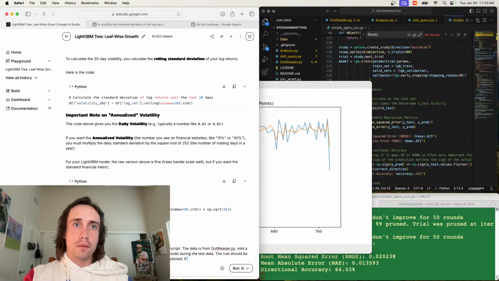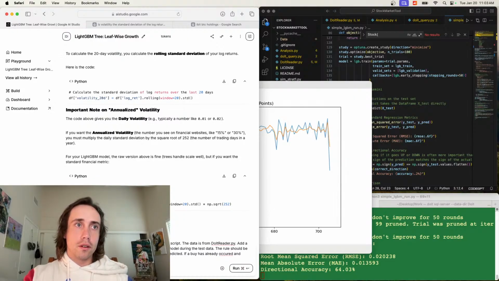If a buy has already occurred and positive returns are predicted, hold the stock rather than buy.